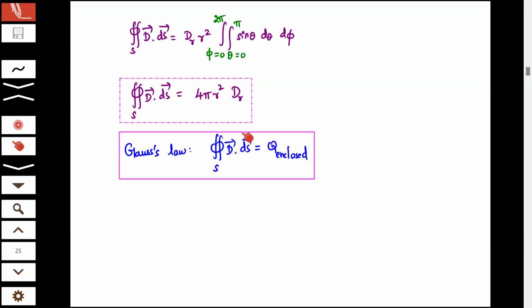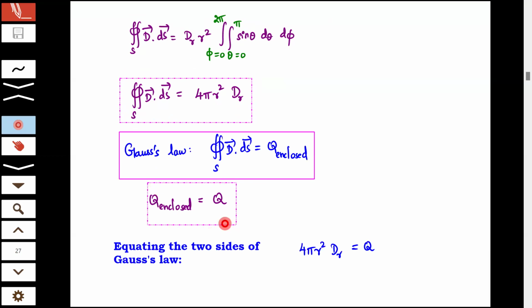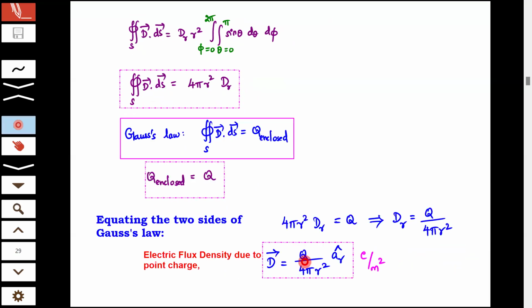And we also know the right-hand side is the charge enclosed. In our case, the charge enclosed is the point charge of Q. We can equate the left-hand side and the right-hand side to get the unknown vector d. Equating the two will give Dr as Q by 4 pi r square, and the vector d is in radial direction, which includes ar cap as the direction vector.